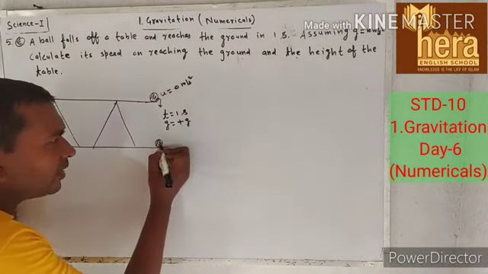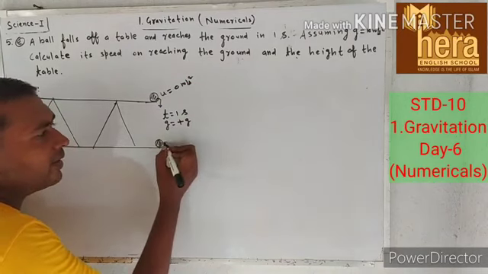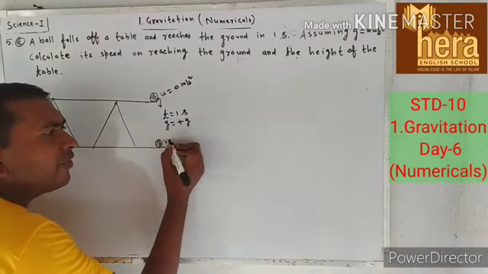Here, just before reaching the ground, say v is the final velocity. So the value of v we have to find. V is the final velocity. And height of the table. This height h we have to find. Height of the table we have to find. S is equal to h is equal to question mark.